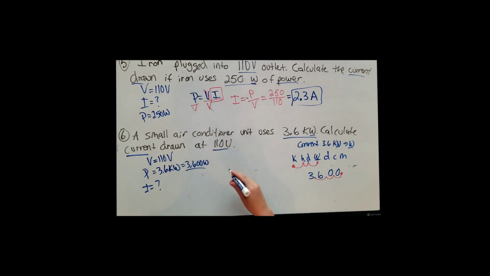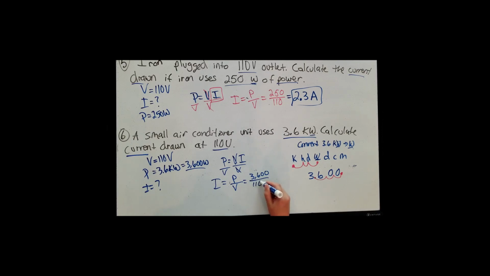Now, it's the same as the equation above. Power is equal to voltage times current. We're rearranging it once again to solve for I, so it's the same steps as before. Divide both sides by V. So now we can plug in power on top, voltage in the bottom. So 3,600 is going to go on top.